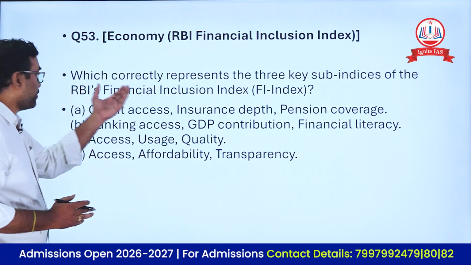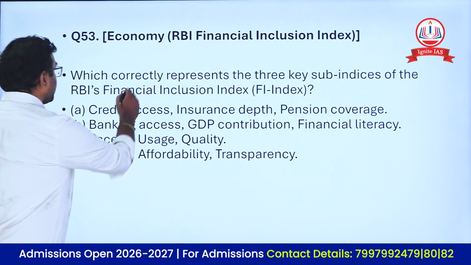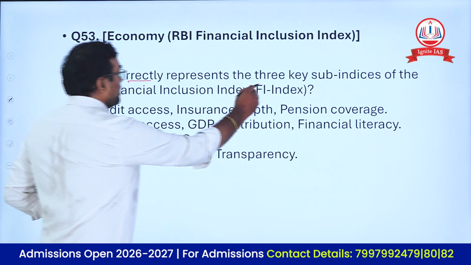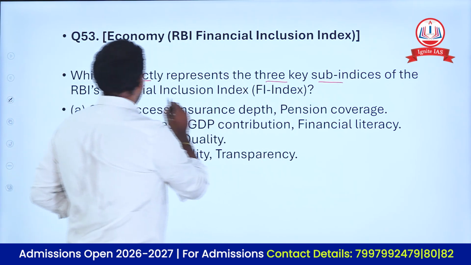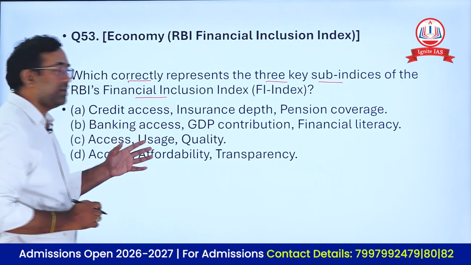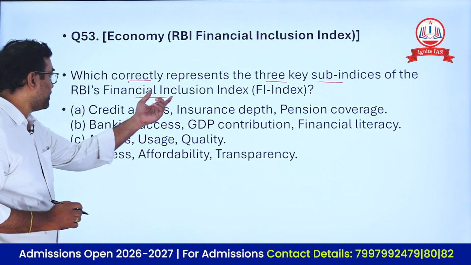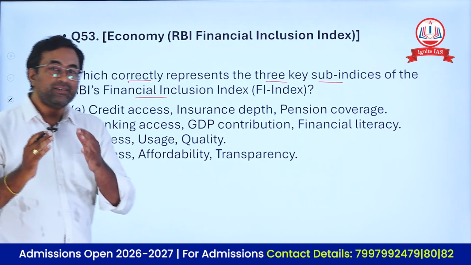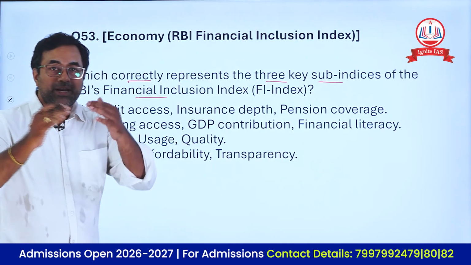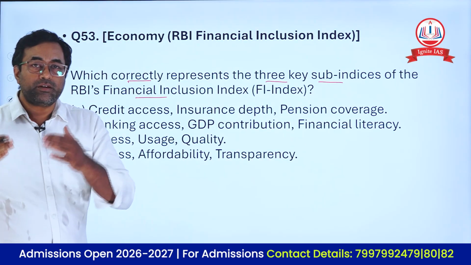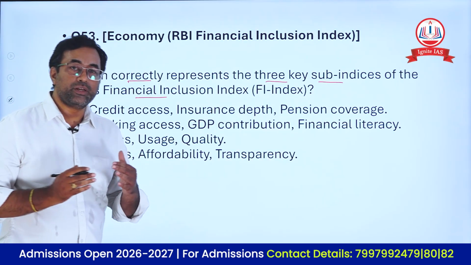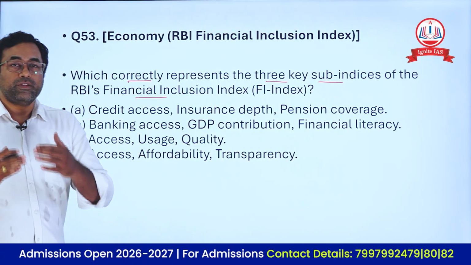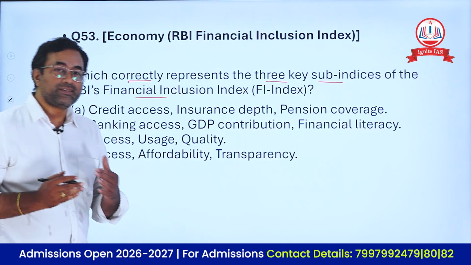So the question they are asking is which correctly represents the three sub-indices of RBI's Financial Inclusion Index. That means in this index, what are the three parameters considered so that the index can calculate the performance of each institution operating with respect to the various financial services in India.